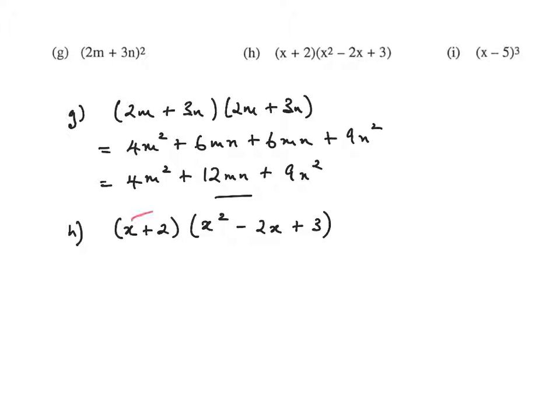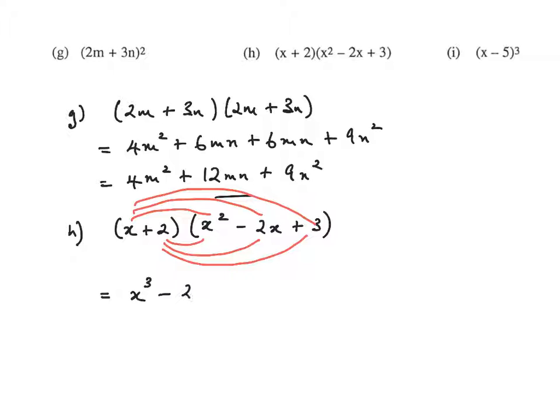Now these ones are a bit trickier, so that's what we're going to do. And that gives us x cubed minus 2x squared plus 3x plus 2x squared minus 4x plus 6. Minus 2x squared plus 2x squared is 0. These two terms cancel out.